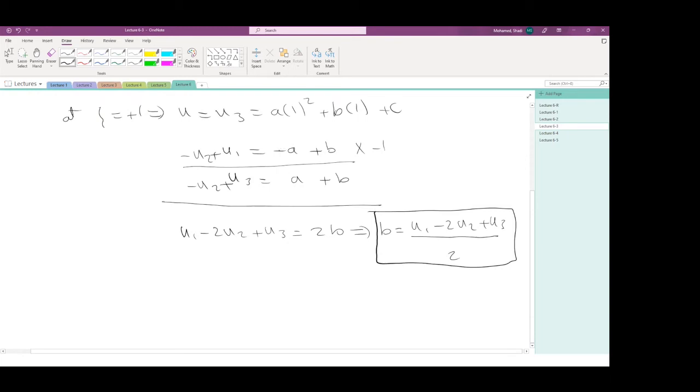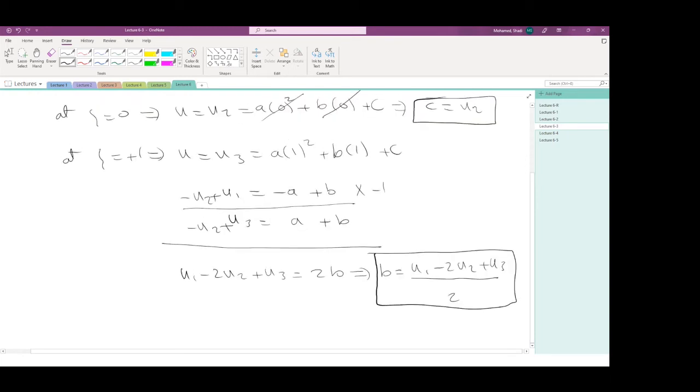So this should be a plus and this should be minus. And if you add them together, then in this case, this is going to be 2A, and this would be the value of A.